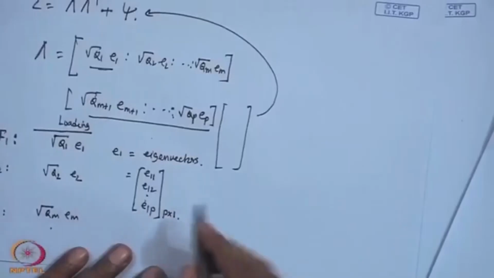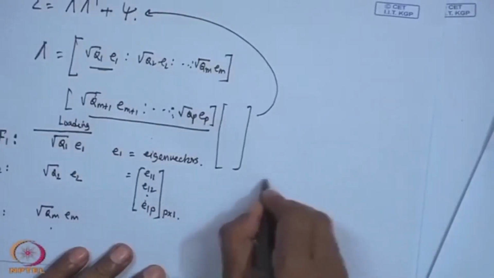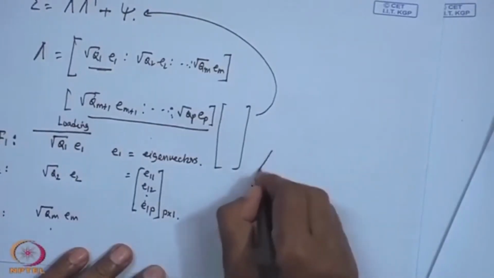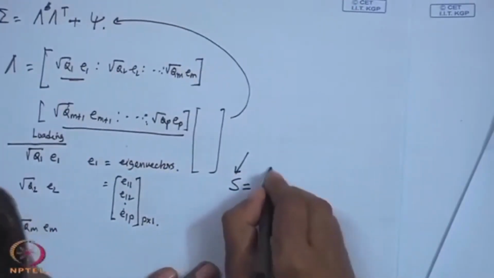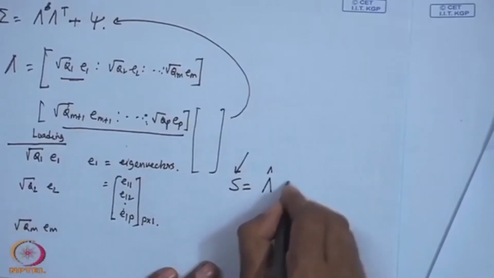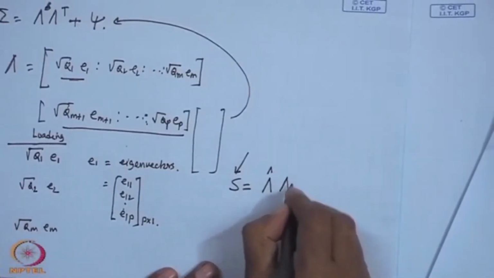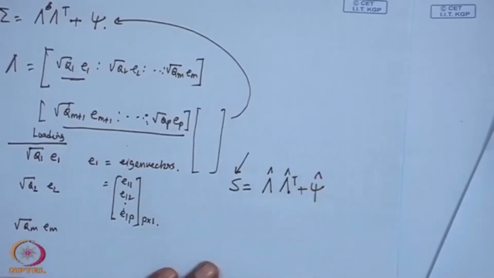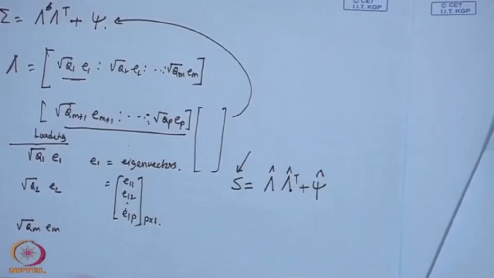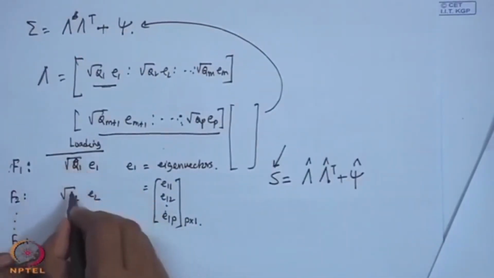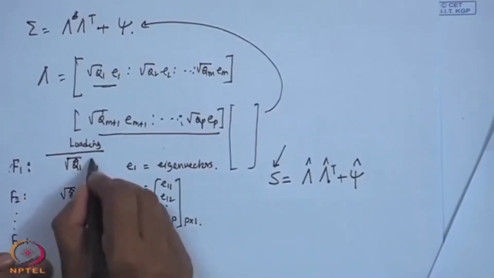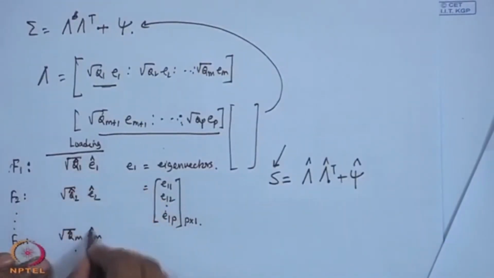Once you have these values, but how do you get these values? You will use the S matrix, that is the sample covariance matrix, which we then write as lambda cap lambda cap transpose plus psi cap. So in this case all will be cap: e1 cap, e2 cap, em cap.